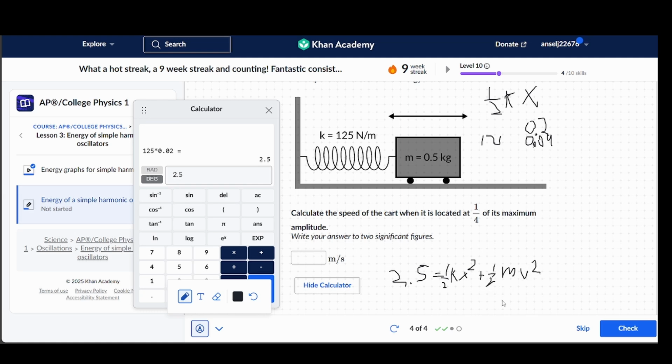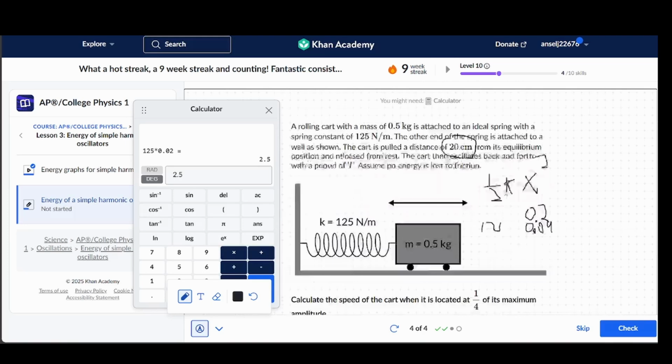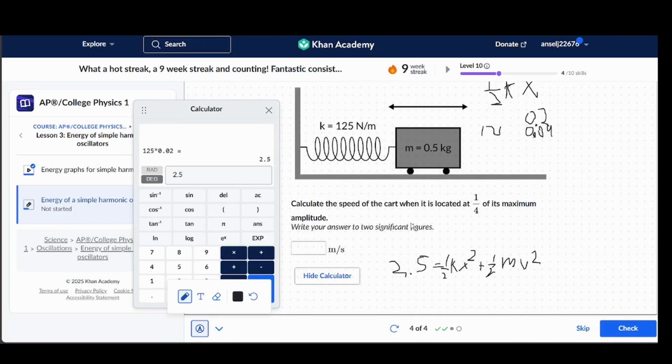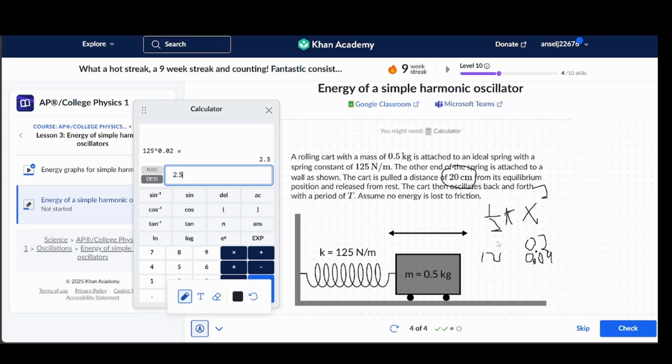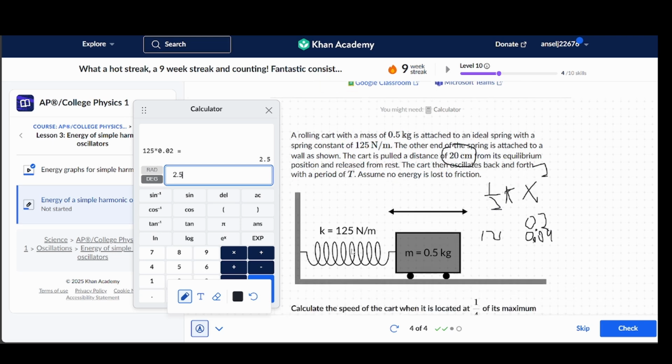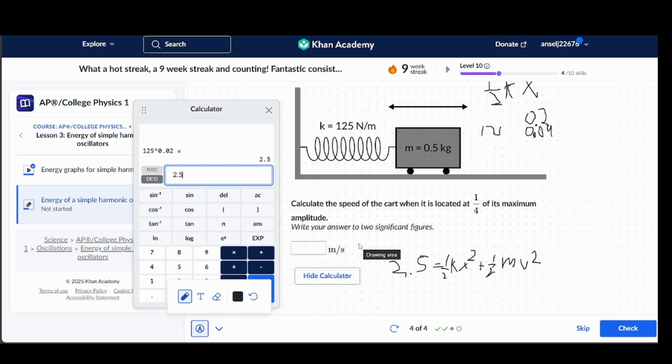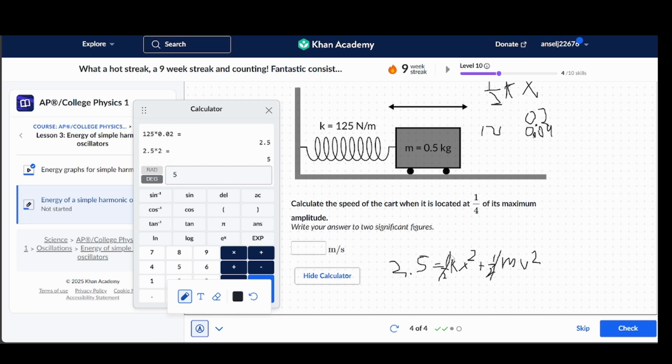Since the only thing changing here is the velocity, we can find that super easily by just plugging in some formulas. So times 2, and then we can get rid of that, and then minus kx squared.